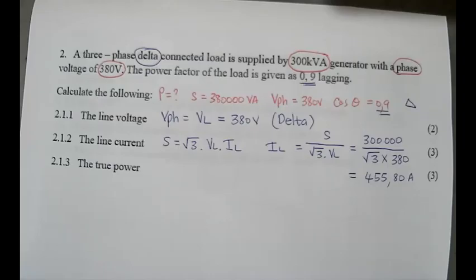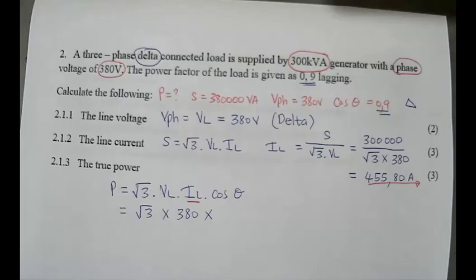Right, so true power. We know that true power is P. The formula there is P is equal to root 3 VL IL cos theta. Do remember it's not grade 11, so all the formulas will have root 3 because it is 3-phase. Substituting your values, we know that the line voltage and the phase voltage are exactly the same, 380 because it's delta.